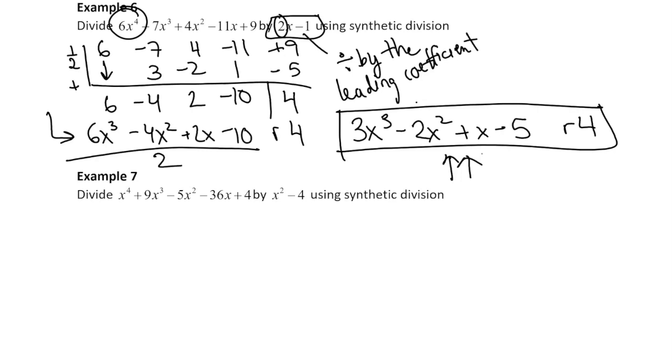So the reason that that happens is because when you have 2x minus 1, the way we're treating it is we're factoring out a 2, leaving us with x minus 1/2. And then we're taking that 1/2 and we're using that for synthetic division.